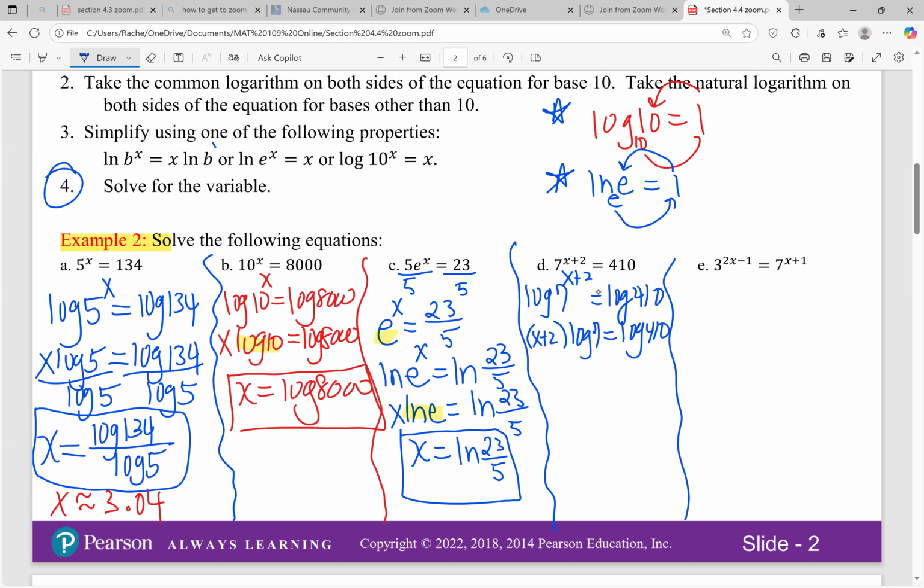Now I have to distribute because we have a group here, right? So I'm going to take x times the log of 7 plus 2 times the log of 7 equals the log of 410.